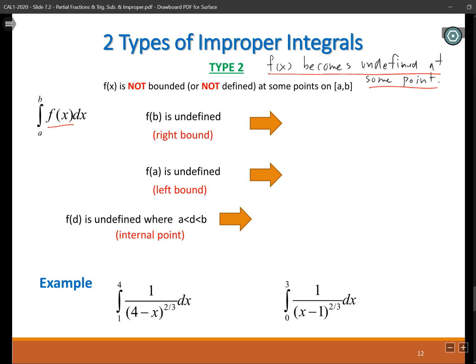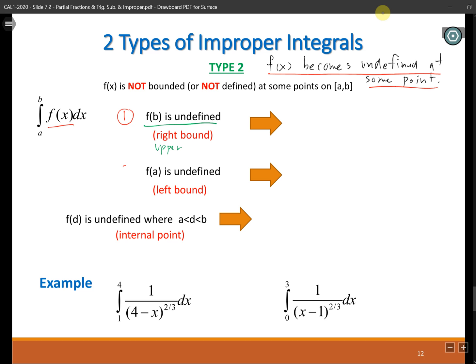Now let's take a look at what can happen here. Once again, we have 3 scenarios. Scenario 1, the problem is going to happen when we try to evaluate f at the upper bound. Alright? This is scenario 1, upper bound. F becomes undefined at the upper bound.